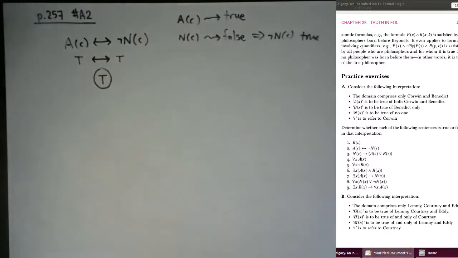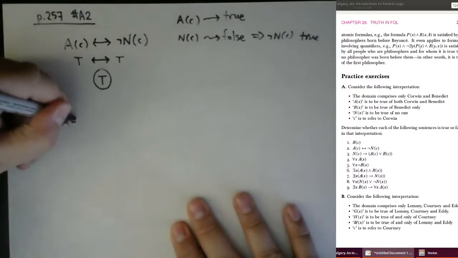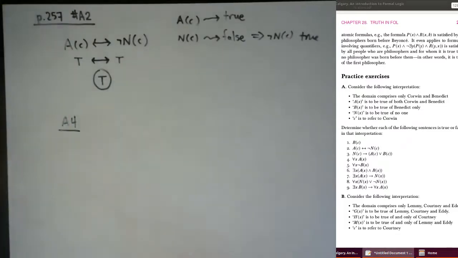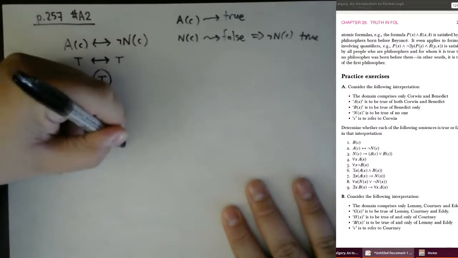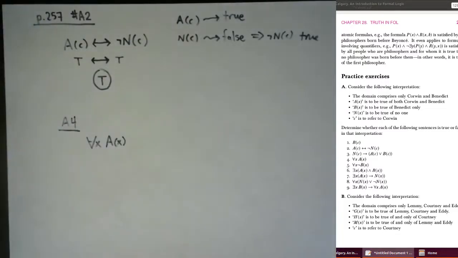Okay, let's look at another one. Let's look at A4. We're still doing the same interpretation, but now we want to look at this formula: for all x, A x. Ignoring all the complications we had in the lecture, for all x, A x is just the question of whether A of x is true for all things in the interpretation.